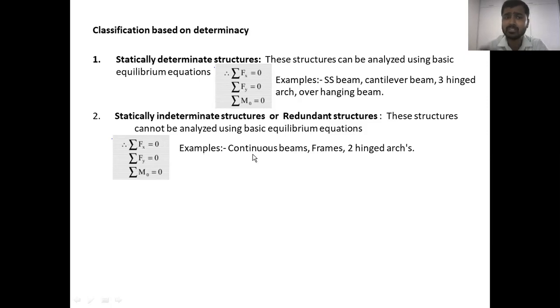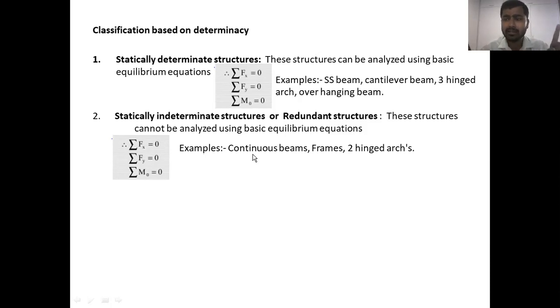We have the continuous beam. Even in your houses, from one room to another room, the same beam continues. Fine. So there we have a continuous beam over three, four, five, or n number of supports. Like there you can see columns: column 1, column 2, column 3, column 4.